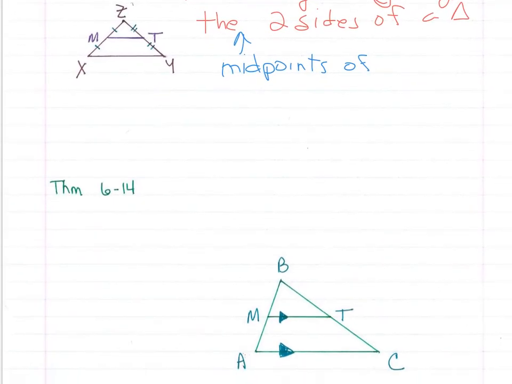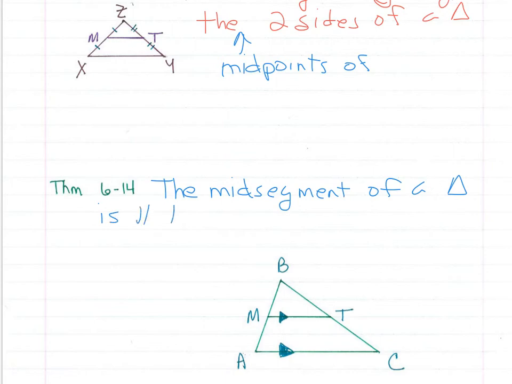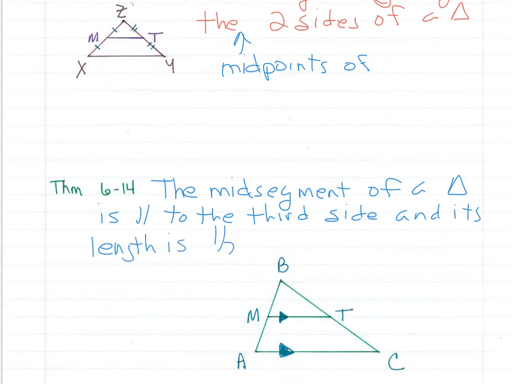But the last theorem says that the mid-segment of a triangle is parallel to the third side and its length is half the length of the third side.